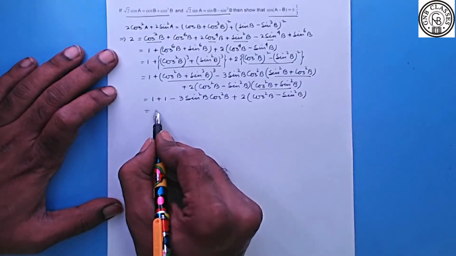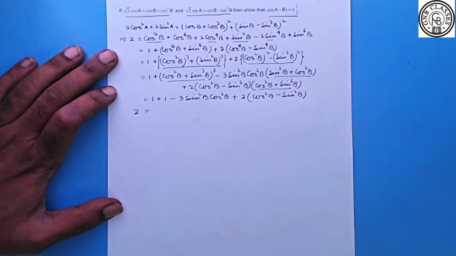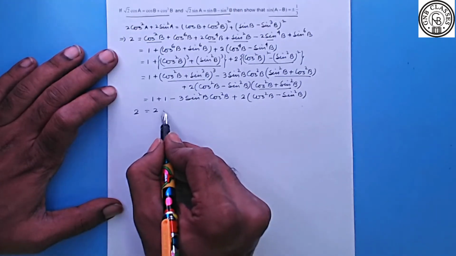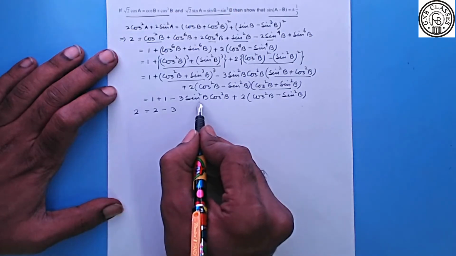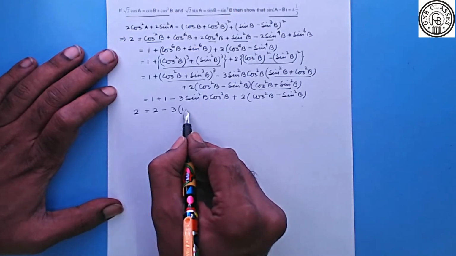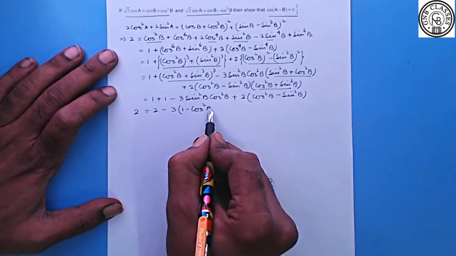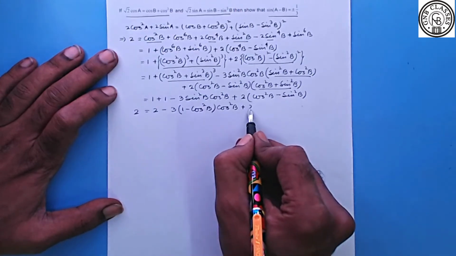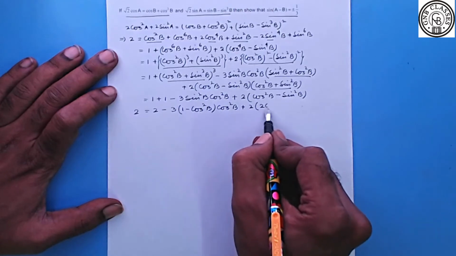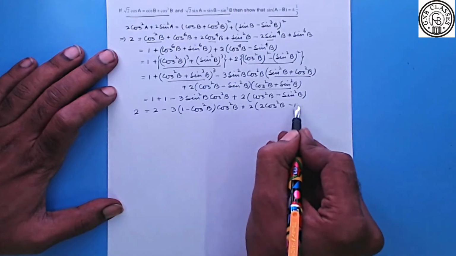So on the left hand side, we are having 2. On the right hand side, 2 minus 3 sine square B, I'm writing it as 1 minus cos square B, it is cos square B again, plus 2. This is basically 2 cos square B minus 1.